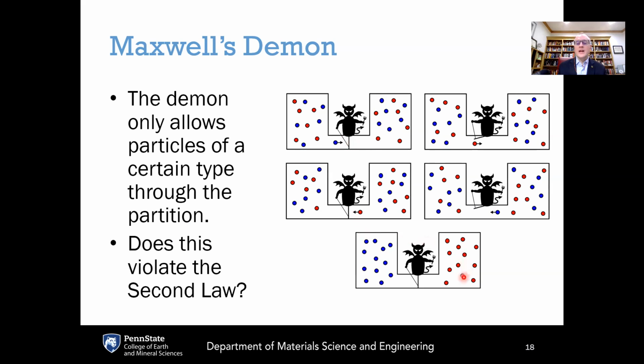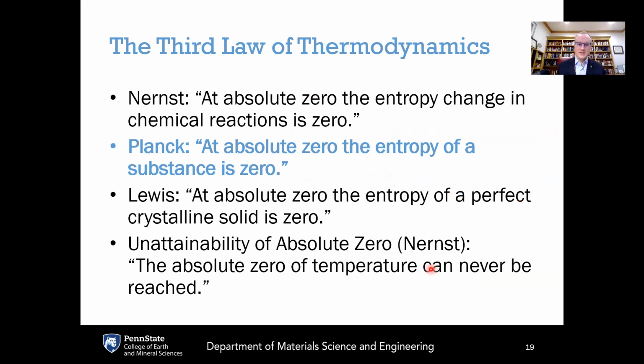And although the entropy of this particular system is going down, because of all the work performed by the demon, the entropy of the surroundings outside of the system is increasing by at least as much as the entropy of the system is lowered. So overall, the entropy of the universe is still increasing. So this does not violate the second law of thermodynamics.